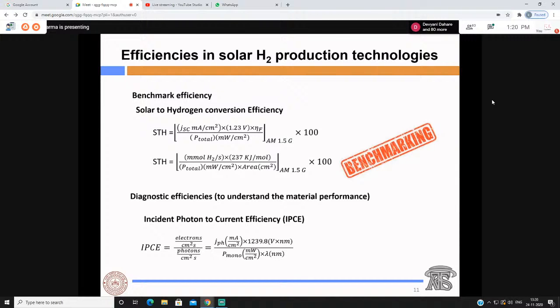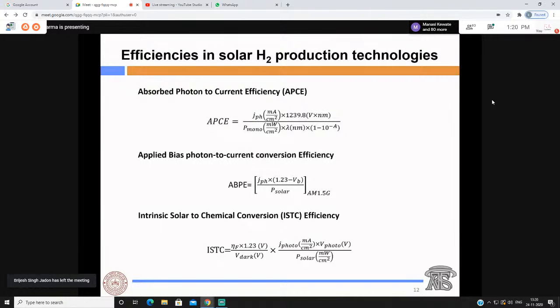In that, we measure at which photon wavelength the system is responding, and how the system is responding. For that, we calculate the incident photon to current efficiency, and this is the formula. This is merely a diagnostic efficiency. This is not a correct efficiency, I would like to mention.